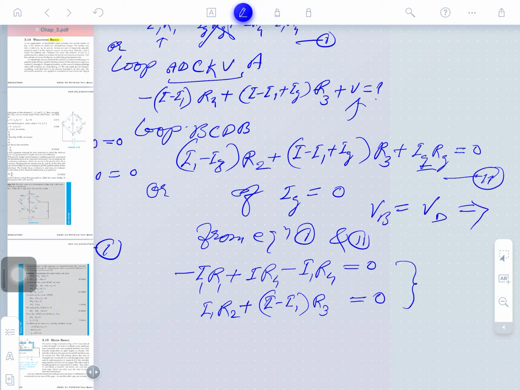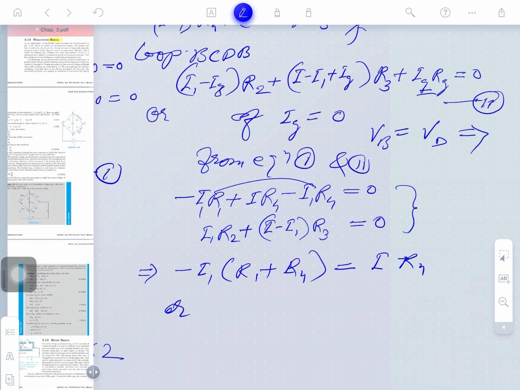Further, I1 can be taken common from this equation. What will it be here, please tell me? Here R1 plus R4, and I1 is equal to I and R4.